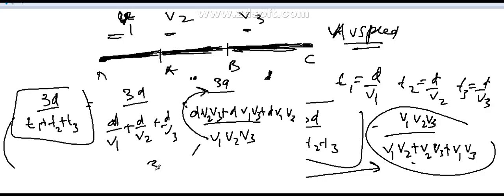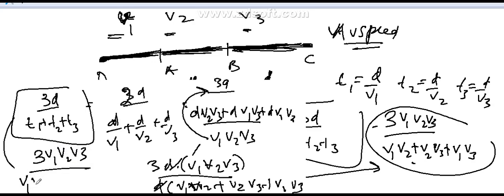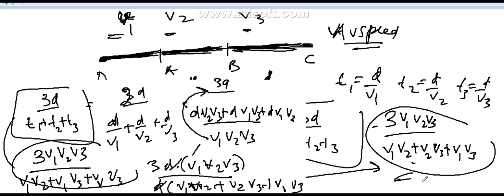This goes up: 3D into V1V2V3 divided by D into (V1V2 plus V2V3 plus V1V3), because I took D common from everywhere. So D goes. The answer is 3 V1V2V3 divided by V1V2, V1V3 and V2V3. This was the answer, which I told you. Great.